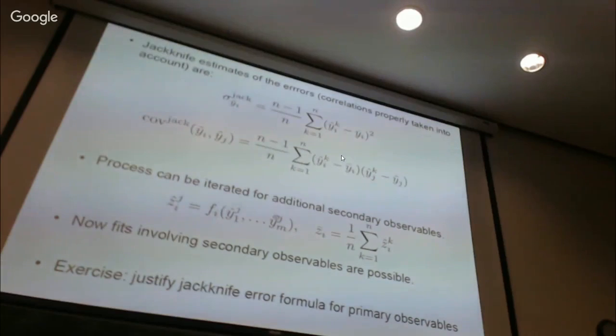This is a very convenient way to also treat the covariance between different primary observables. In particular, because I can now estimate the covariance between secondary observables, I can do fits. For example, correlated fits, correlated chi-squared fits that involve secondary observables rather than just primary observables. So that's very handy. Okay, that's jackknife.